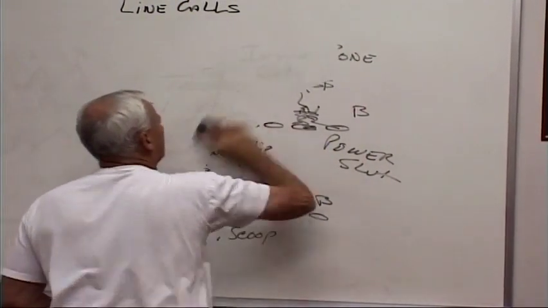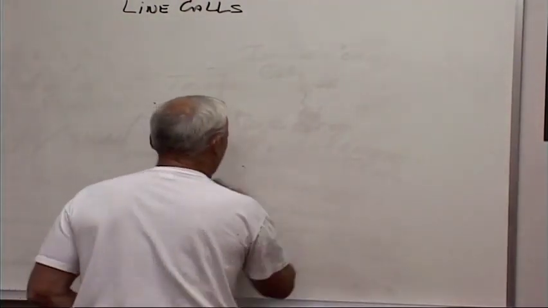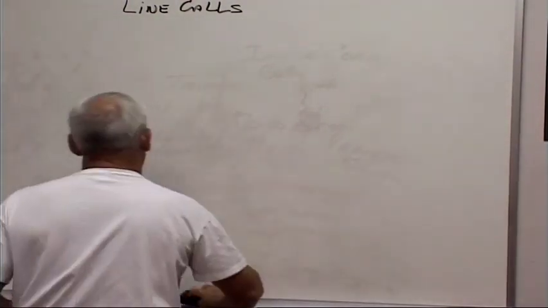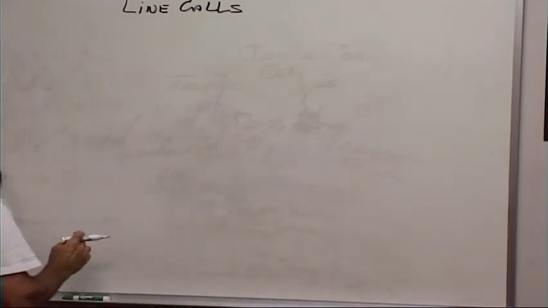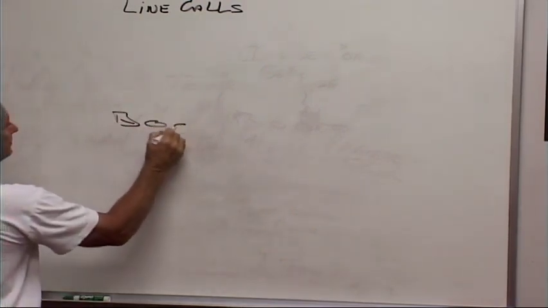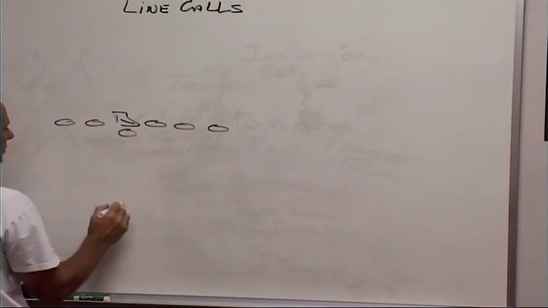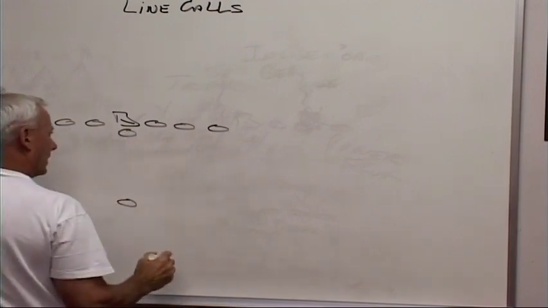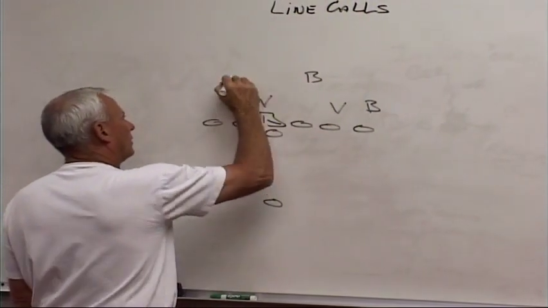Alright. Now, if we get into a trap or a power game or something like that, our calls still pretty much stay the same. If we get, we're going to run a one-back power. And they give us a pure oaky front.